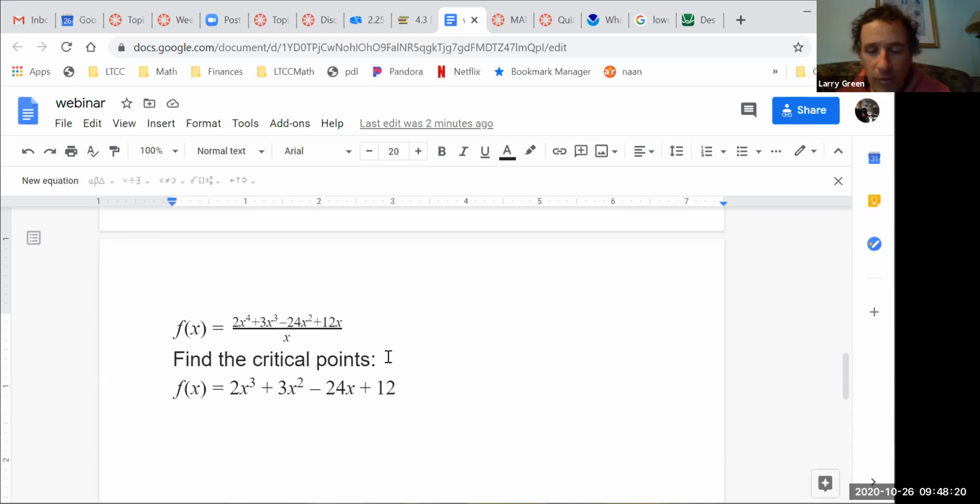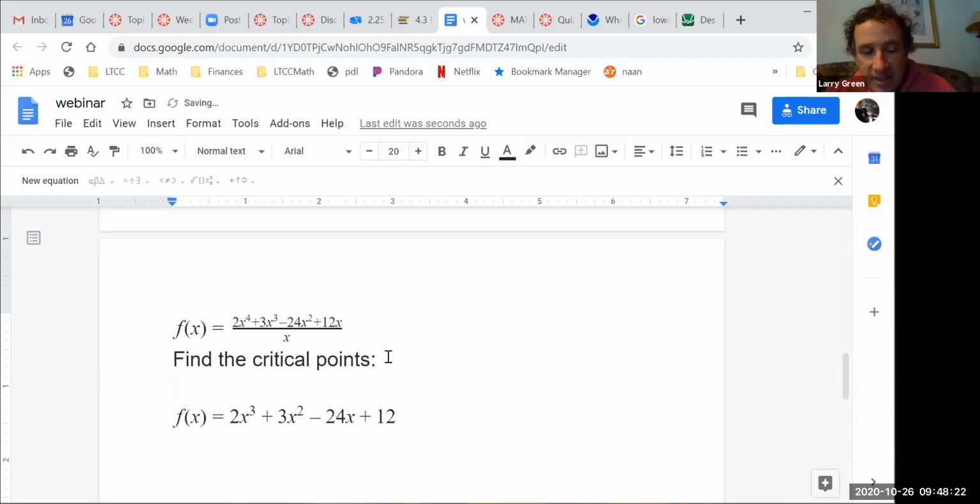So before we do the cancellation, just note x equals 0 is a critical point. Any questions at all on noting that those are not the same functions because at x equals 0, they're different, but everywhere else they're the same.